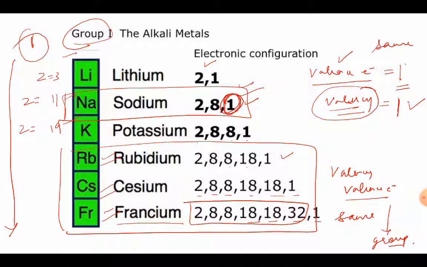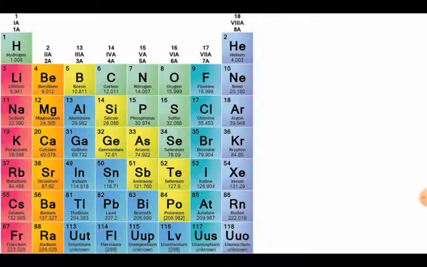And I can apply the same rule to all the elements. That is why classification is done, because now it has made our study easy. We need not do the configuration of all the elements. We have done the configuration of 1, 2 or 3 elements and the same rule applies to all the other elements also, right?